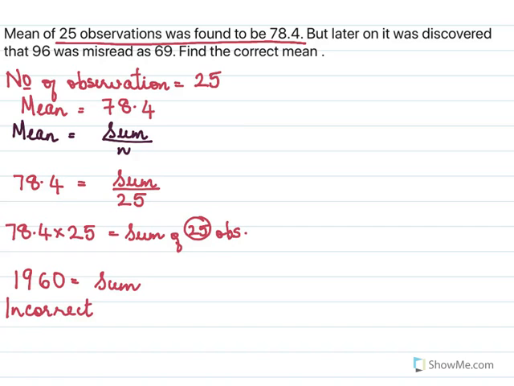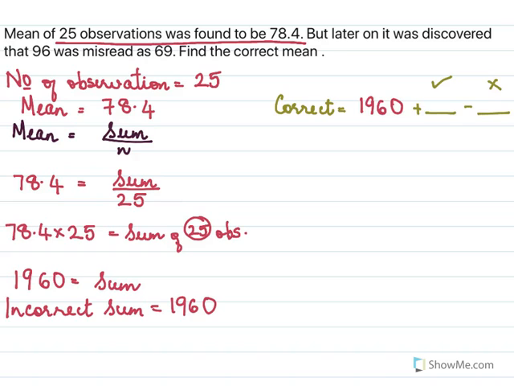So the incorrect sum equal to 1960. Now we need to correct it. So to correct the sum, we take the old sum, which is 1960, we add what is right and we subtract what was wrong.